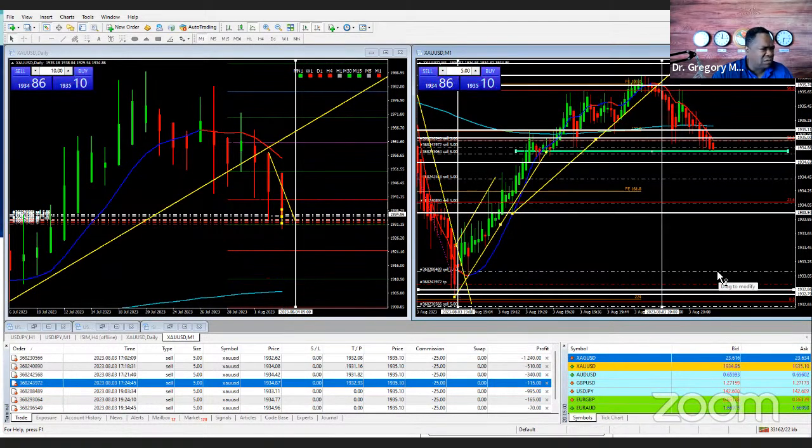And we're on XAU USD, $1934.85, 86 by 11. Big spreads on gold, but big spreads usually means fast moving.